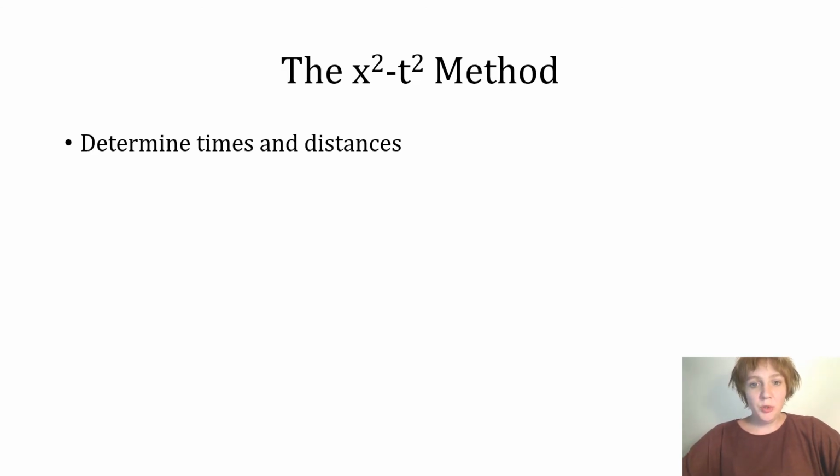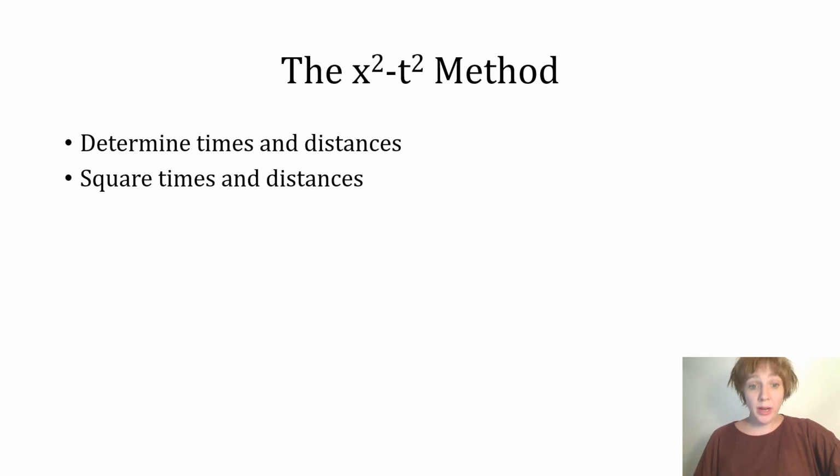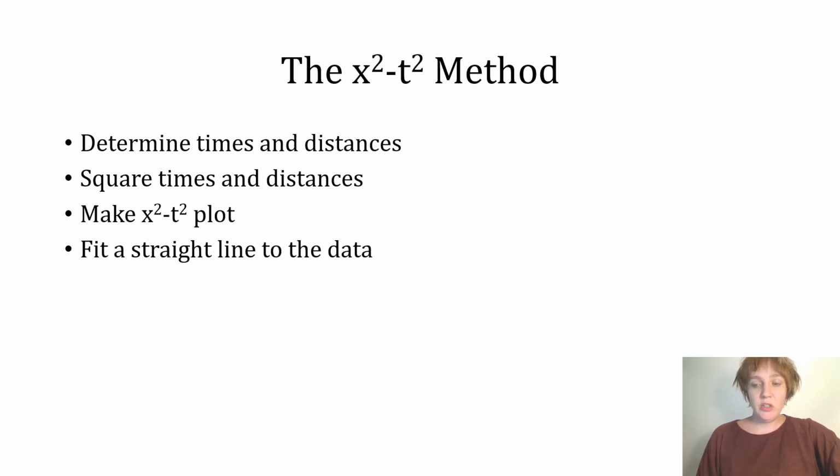Okay, just to recap the method, the first thing you do when you're looking at the seismogram is to determine the times and the distances of the reflected pulses. Square those. Make the plot, the x squared t squared plot. Fit a straight line to the data.